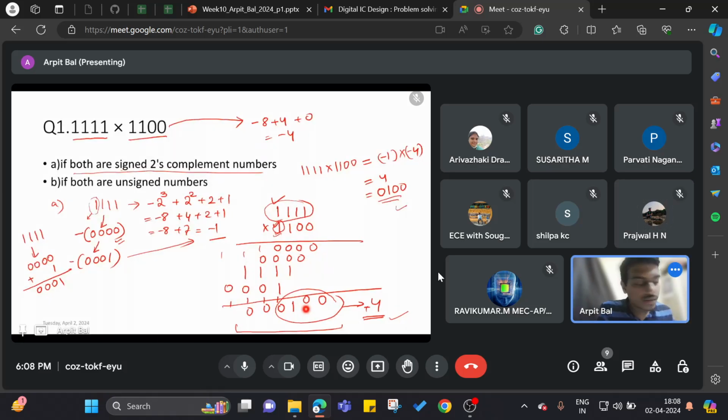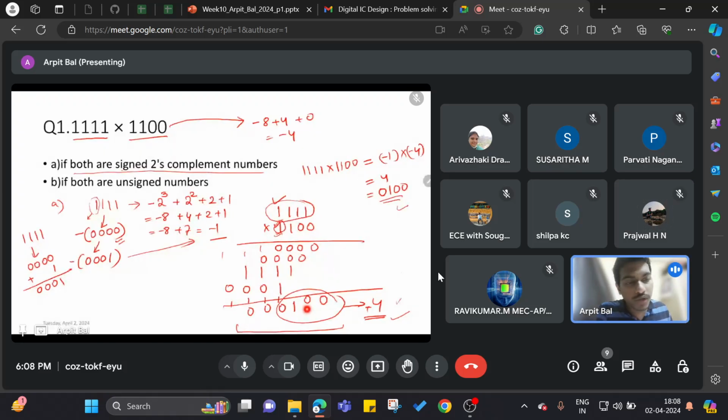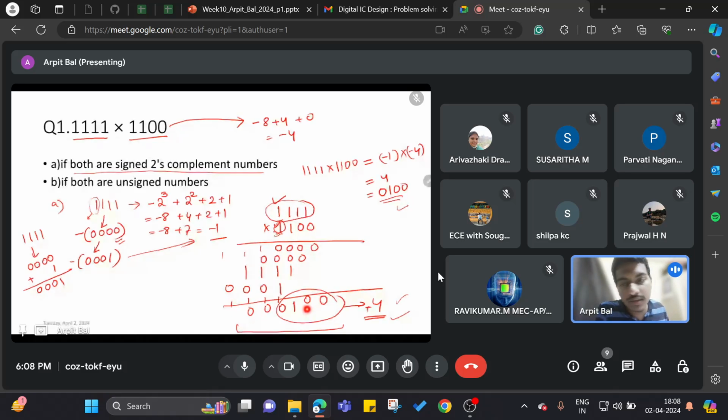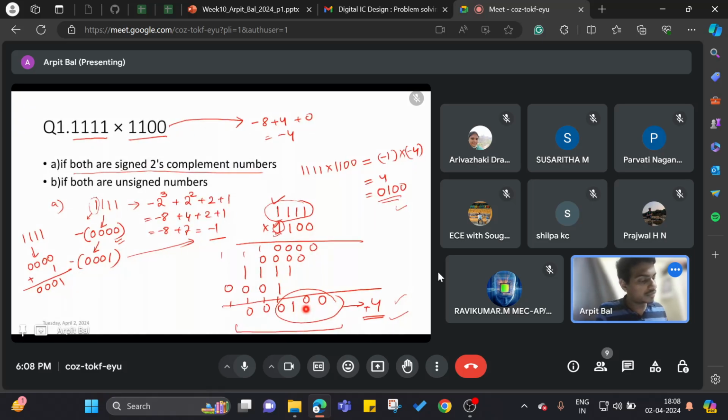So that is not equal to 4, right? So we would have arrived at a wrong answer. So we need to be careful while multiplying the MSB at the end. Okay, I hope that thing is clear. So part A is done.